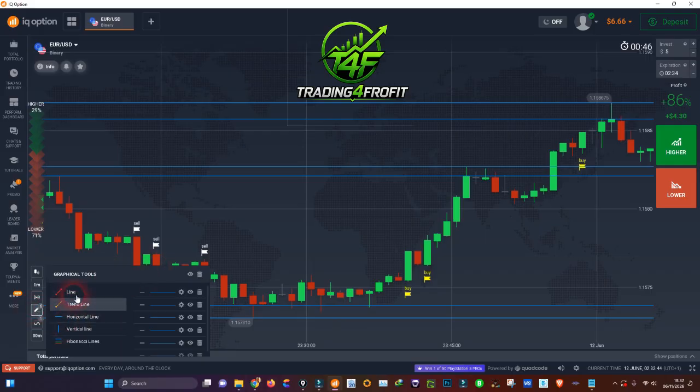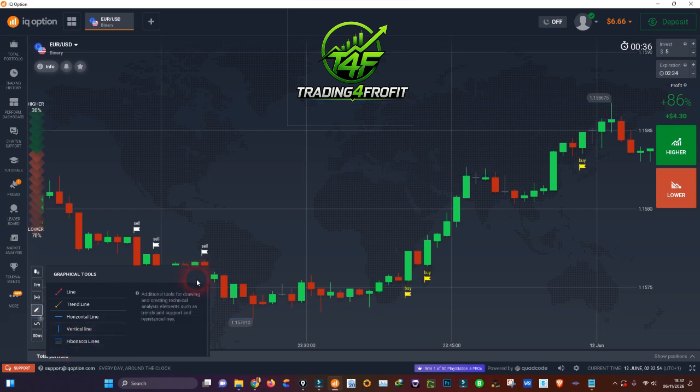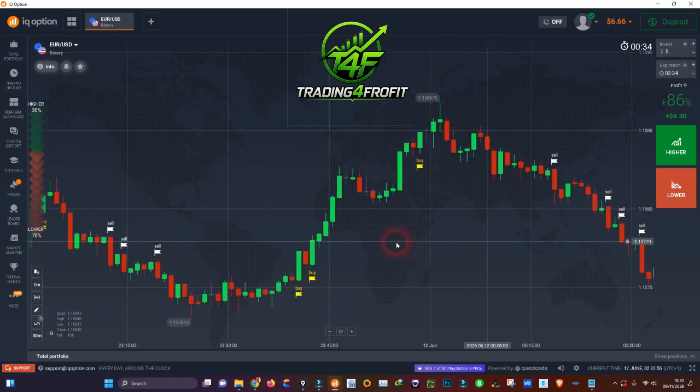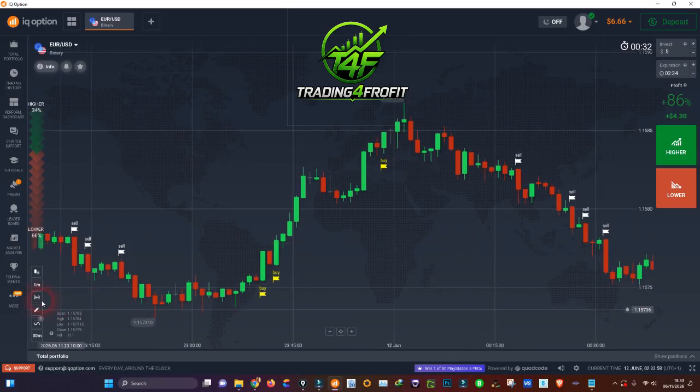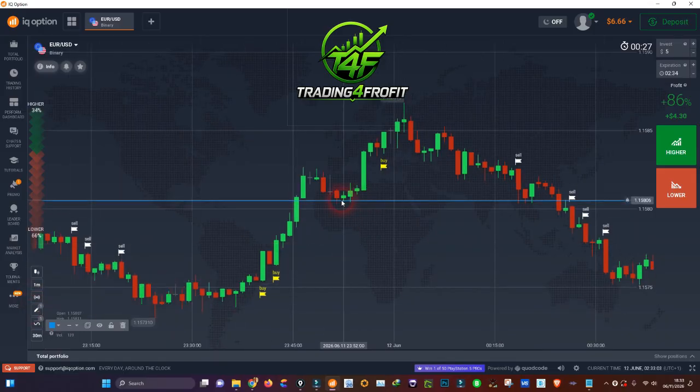We have line tools: trend line, horizontal, vertical, and Fibonacci. Depending on the one you want to use, for instance, let's use this place here. This is the level. Now this is how I want to show you how we actually draw levels.